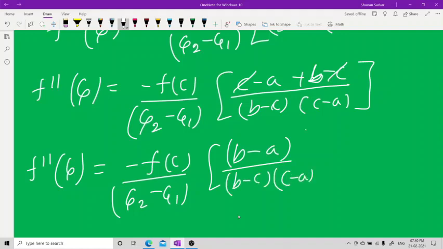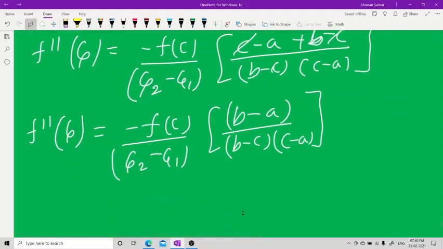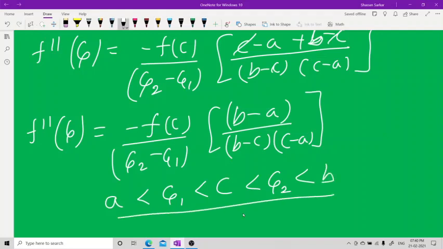Now understand how the situation is. I will tell you why this quantity is negative. See, you have a less than zeta 1 less than c less than zeta 2 less than b. So b minus a is of course greater than 0. B minus c is of course greater than 0. C minus a is also greater than 0.